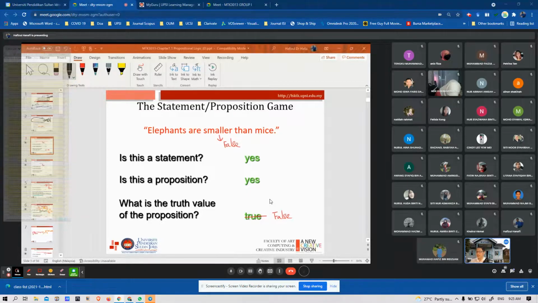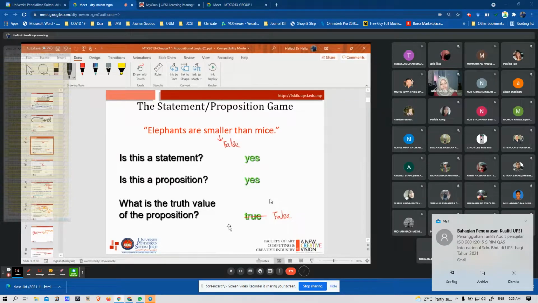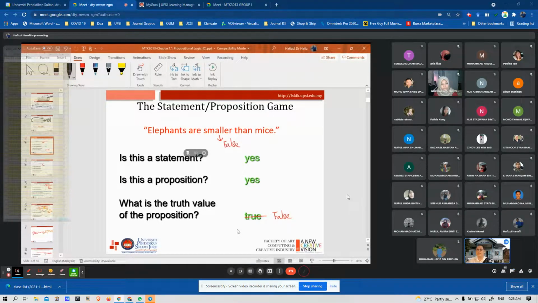For this one, we can say elephants are smaller than mice. Is this a statement? Why is it a statement? It describes, as I said earlier. A statement describes something. It must be describable. Can be described.